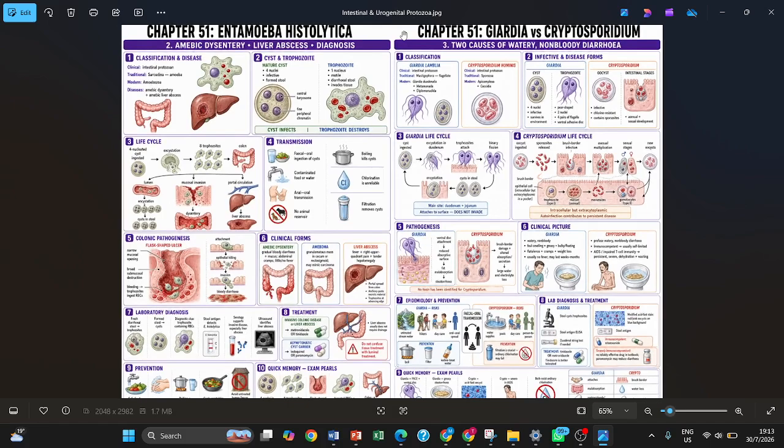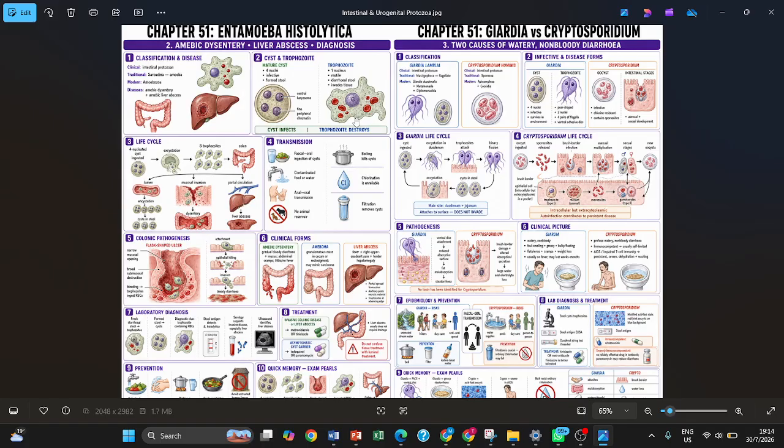But the thing now, as you can see, is that Entamoeba histolytica has a certain type of diarrhea that's different from the other two protozoa. Remember, all of them are protozoa, by the way. Entamoeba histolytica gives us bloody diarrhea, which we call dysentery, which is diarrhea with mucus and blood.